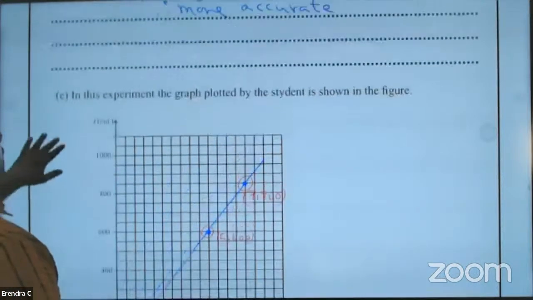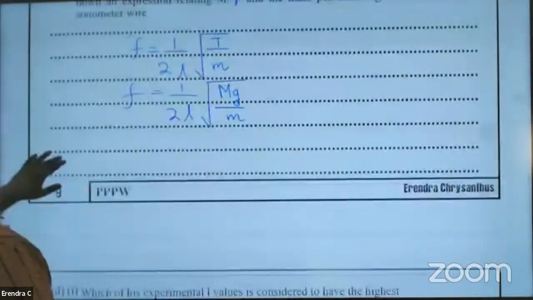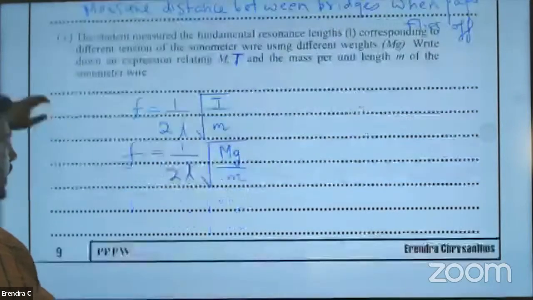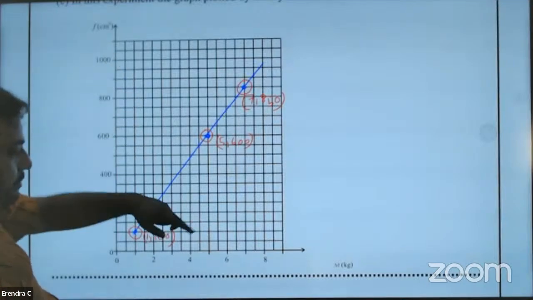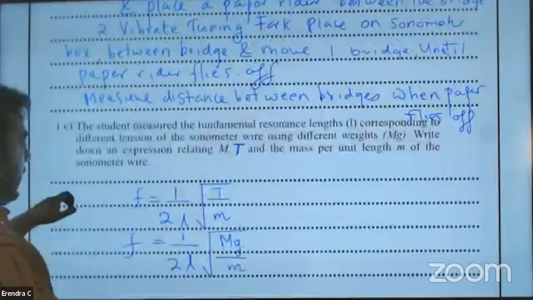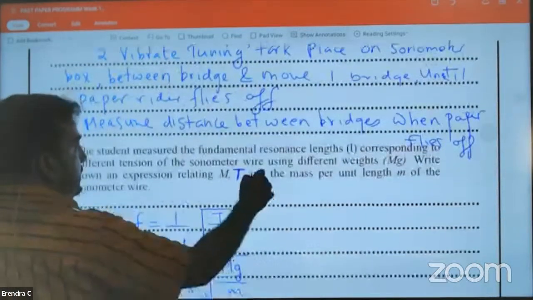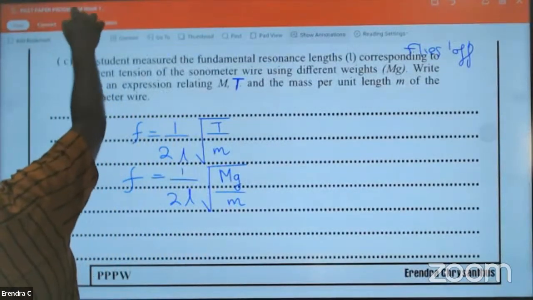So here, if you look at it, look at the graph now. F squared against m in kilograms. If I rewrite this, I want the equation.